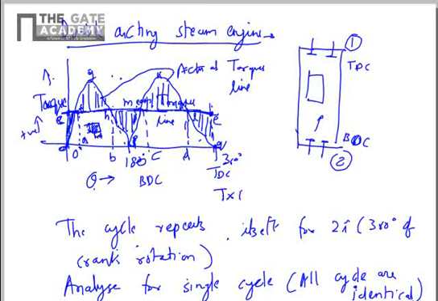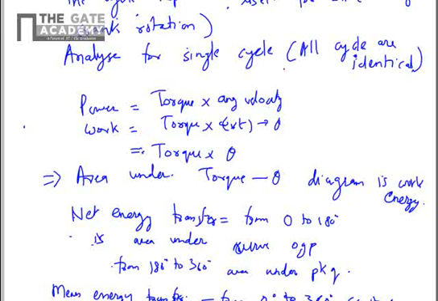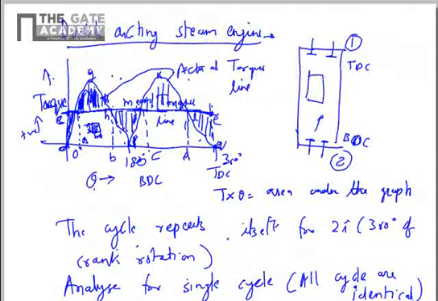So T multiplied by theta is represented by area under the graph. From your basic mathematics, you know that multiplication of both the axes is represented by area under the graph. So if you have any portion of the graph and you want to find the work, since work is equal to torque into theta, the area under the graph represents work.